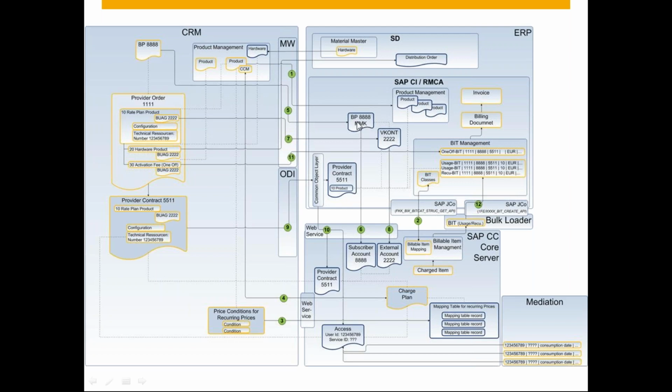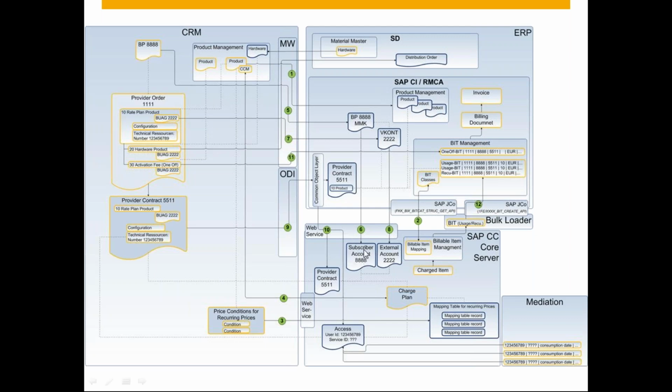Only if the business partner has this role MKK, the contract partner role, can this customer's data be sent to the Convergent Charging system as a subscriber account. Otherwise the customer's data won't go to the charging system. It will only be there in CRM and ECC. If the customer has the role MKK, then only can the customer be sent to the Convergent Charging system.